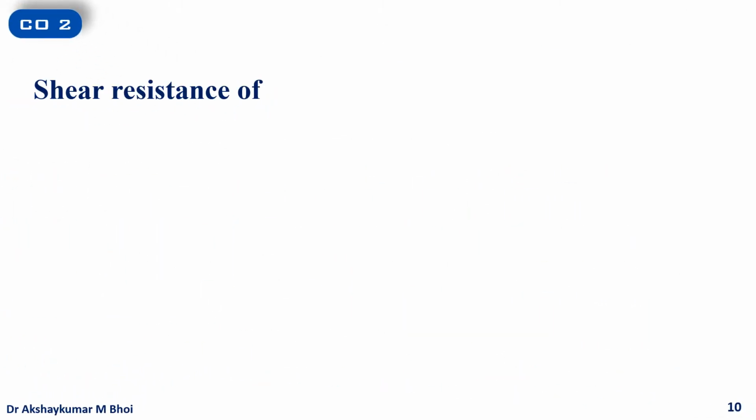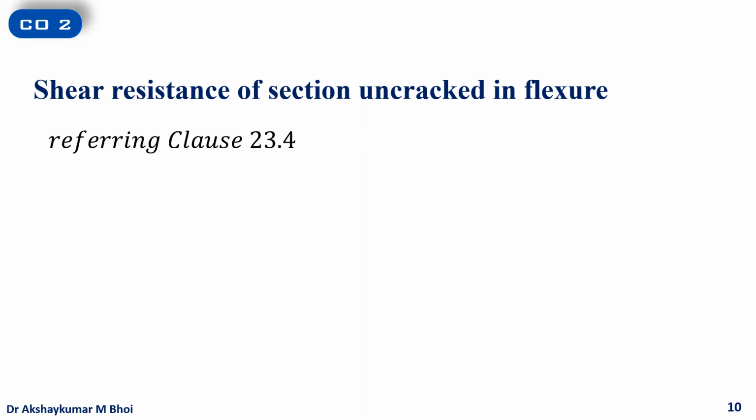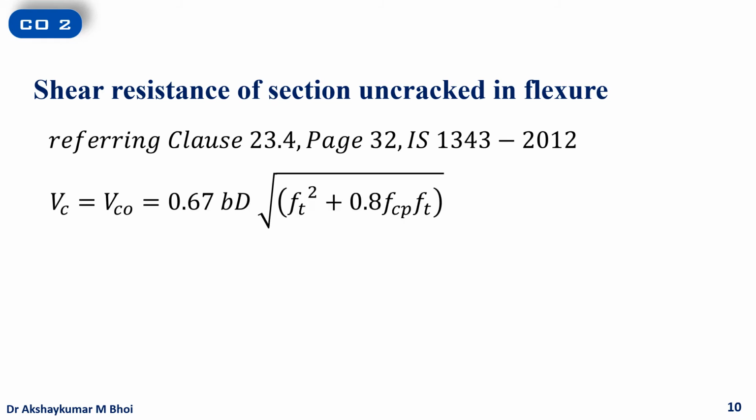Next we have to calculate the shear resistance of the section uncracked in flexure. Referring to clause 23.4, page 32, IS 1343-2012, the ultimate shear resistance of the section uncracked in flexure is given by the formula Vco = 0.67 bD root over ft square plus 0.8 fcp into ft, where ft is 0.24 root fck.